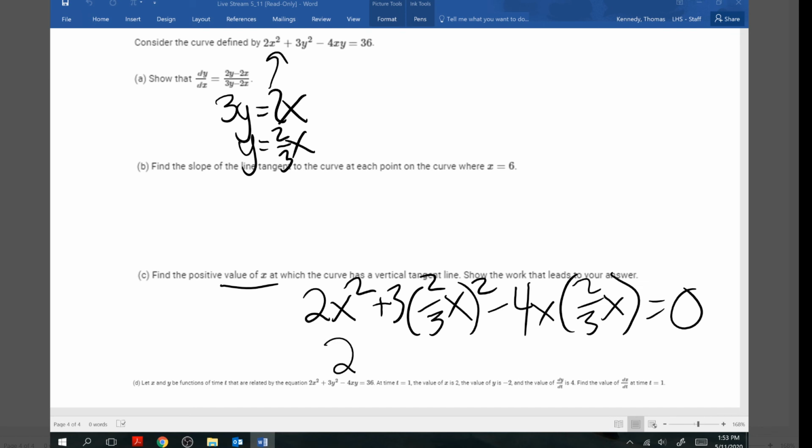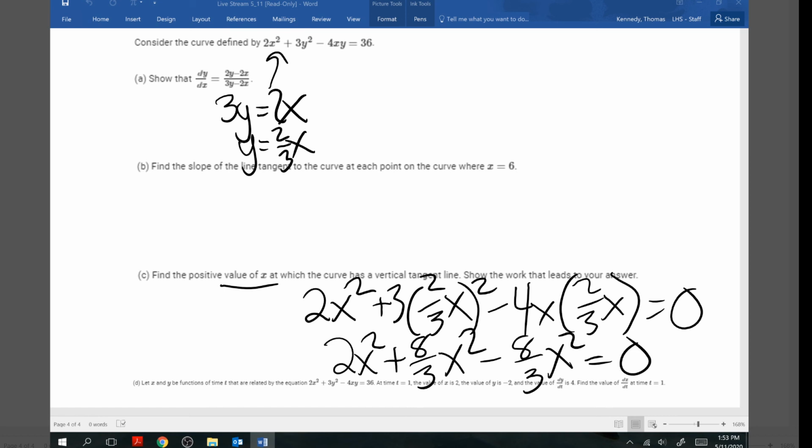If I distribute all this, I get 2x squared plus 8/3 x squared minus 8/3 x squared. Oh, I goofed. This is 8/9. I forgot to square the 3. That makes things better, actually.